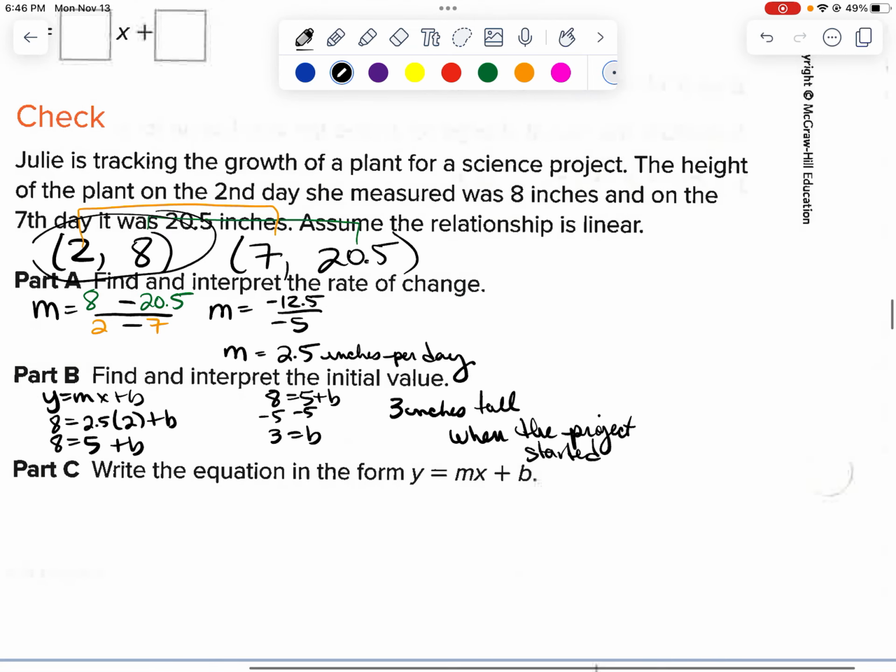Okay, so what was my m value? 2.5. My b value was 3.